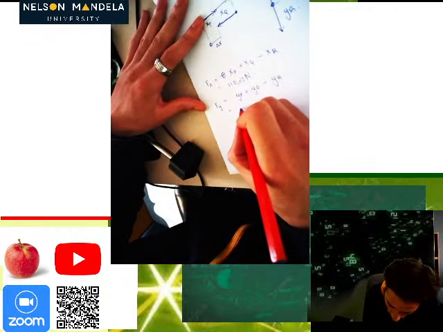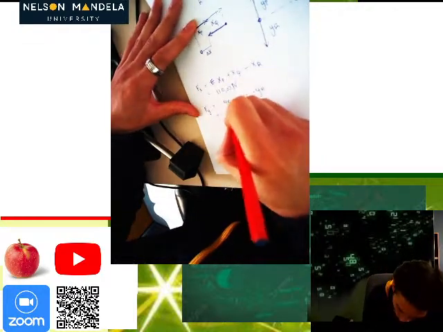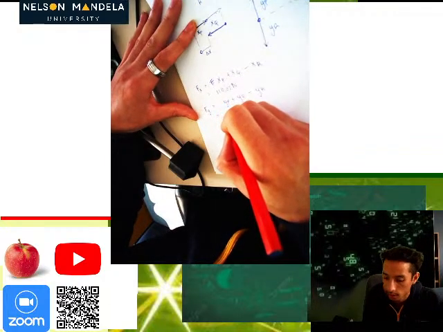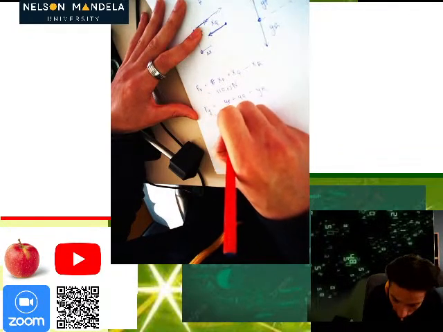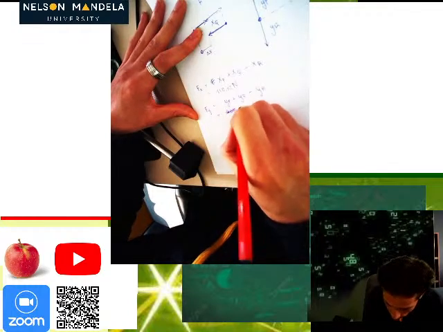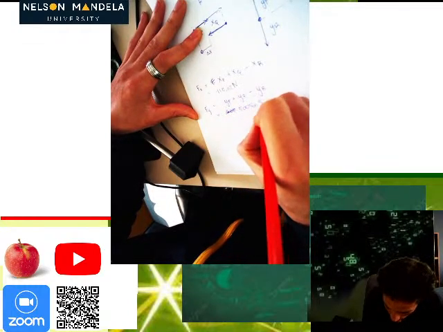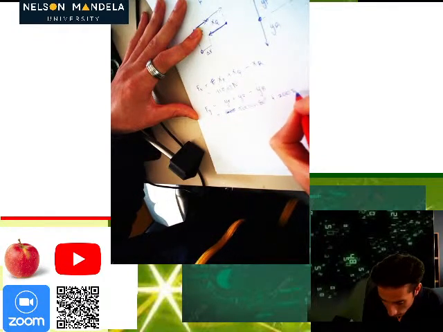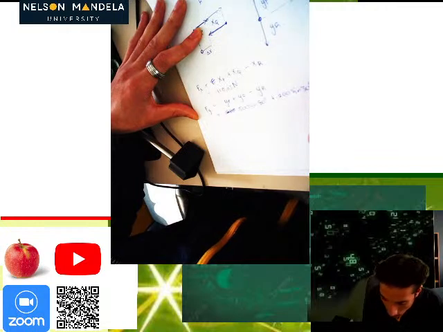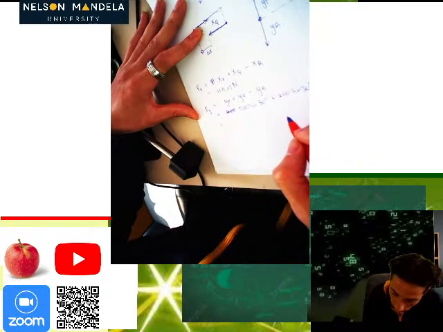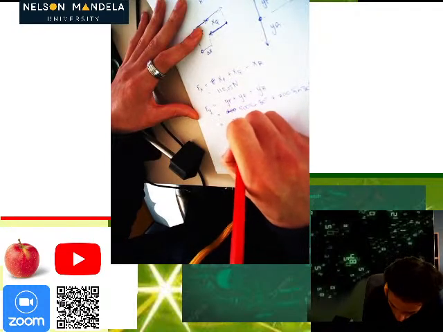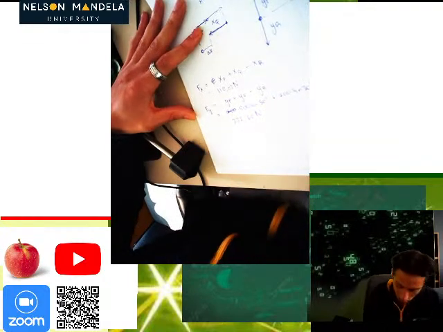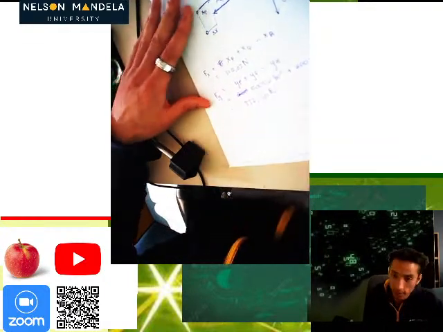If you did the calculation of 500 sine 80 degrees plus 200 sine 30 degrees minus 300 sine 240 degrees, then you would get an output of 332.60 newtons. Okay, so that would be the output in this instance.